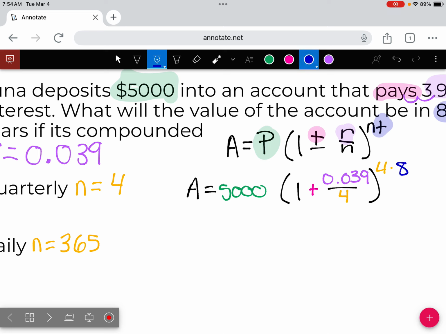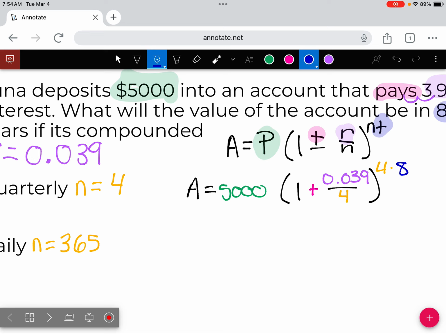So there's our quarterly equation. Do we get a nice decimal on that one? Yeah, because 1 plus 0.039 over 4 is 1.00975. Yep, so that one's not awful.